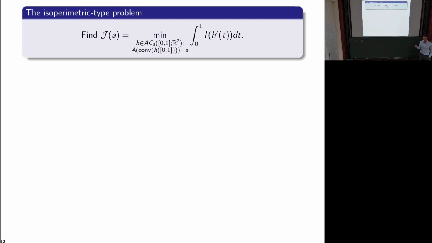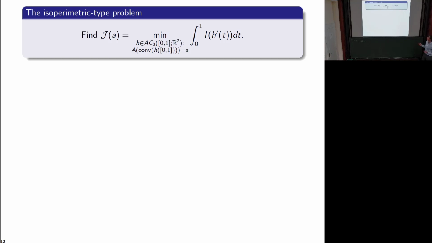This is the whole point of this talk, trying to solve this problem, and I call it an isoperimetric type problem, because what are we doing? We try to minimize this energy of a trajectory, and we minimize over which kind of trajectories?